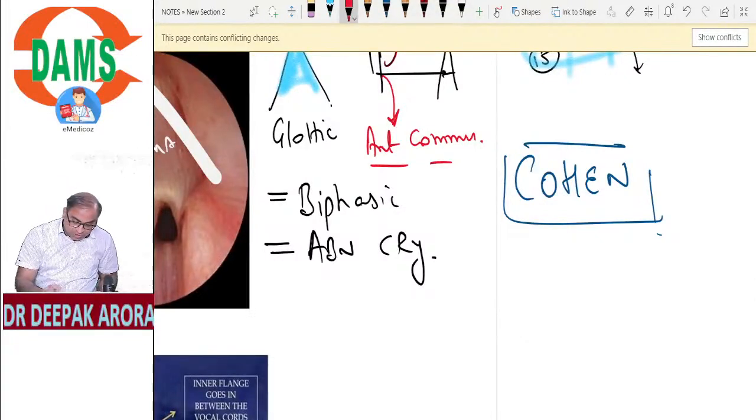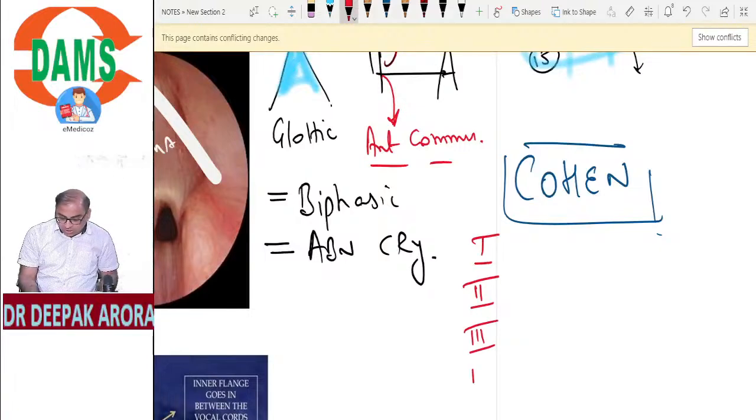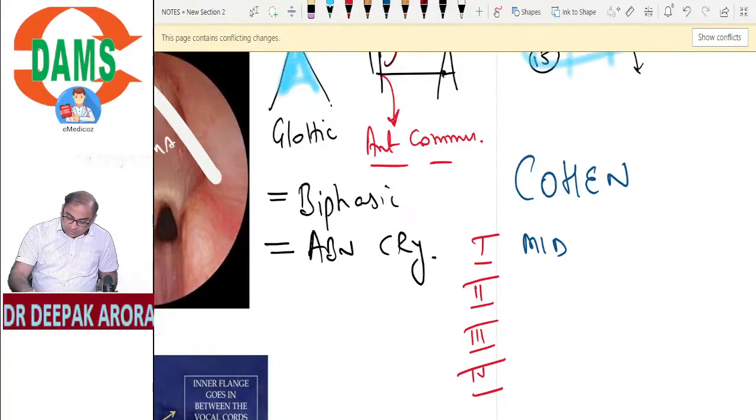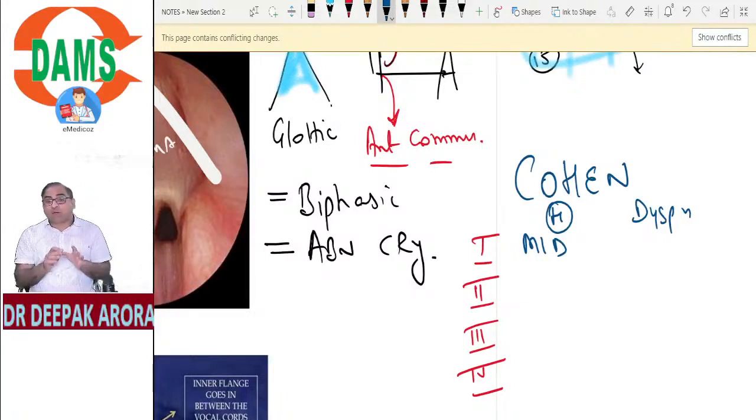Cohen's classification, we have 4 types: type 1, type 2, type 3, type 4. Always remember. Type 1 is mild. This is based on 2 important findings: one is hoarseness, one is dyspnea. Some books use the word grade 1, type 1. In grade 1, there is mild hoarseness, but no dyspnea.